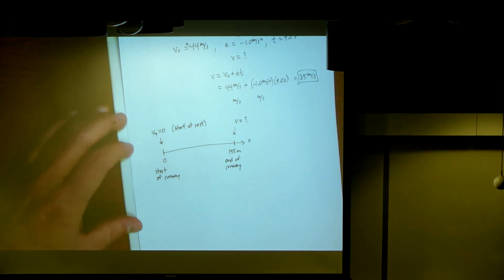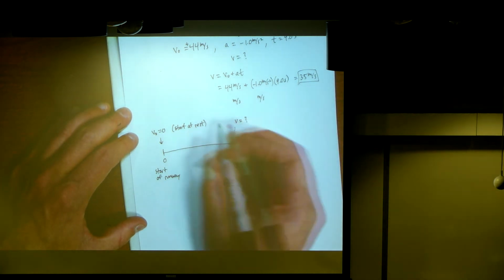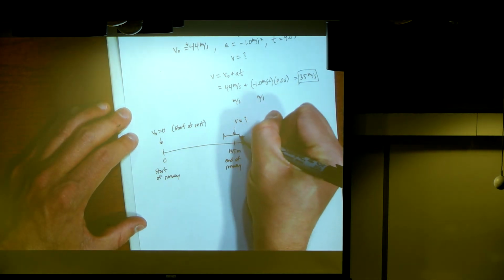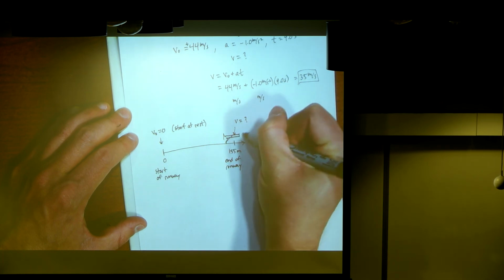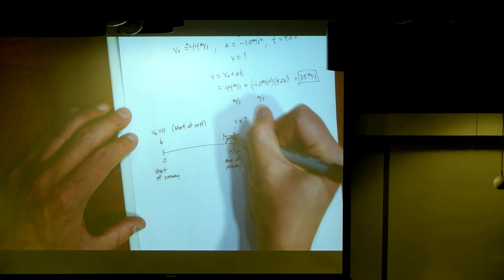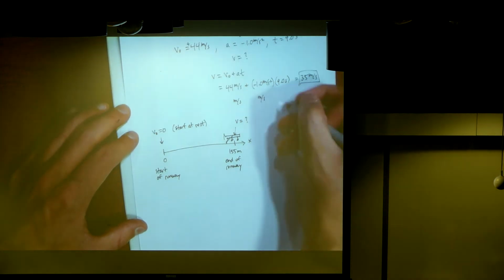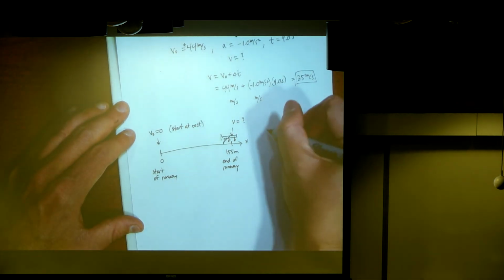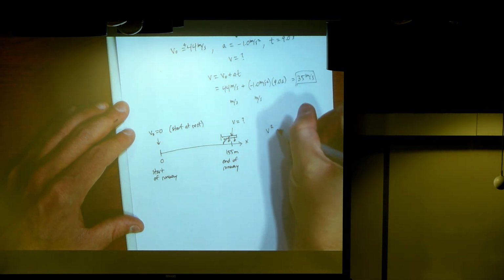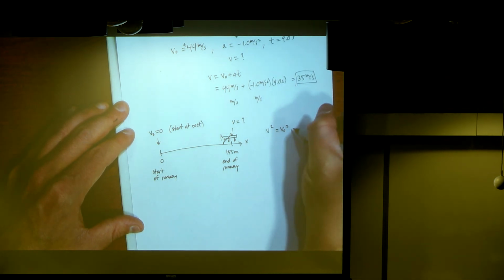Okay? So yeah, the plane is now at the end of the runway, and it's moving with some velocity, which we want to figure out. Okay, great. So I suggested using the equation v squared equals v naught squared plus 2a times (x minus x naught).